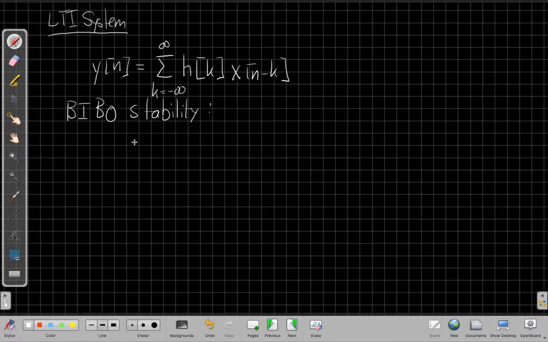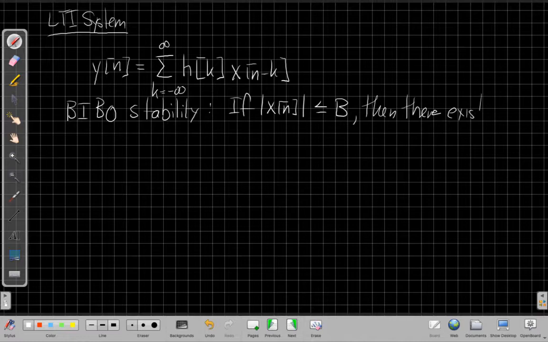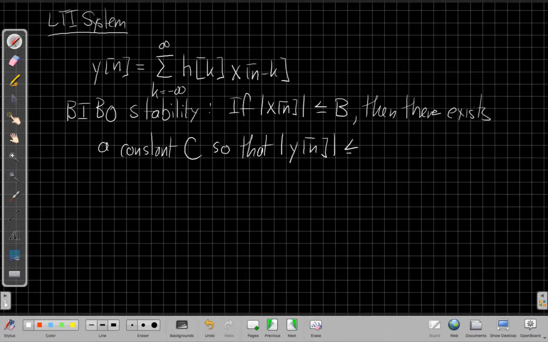What that means is that if we can put an upper bound on the magnitude of the amplitude of x of n, if we say the magnitude of x of n is less than or equal to b, then there exists, or we can find, a constant, say capital C, so that the magnitude of the output is always less than or equal to that C.